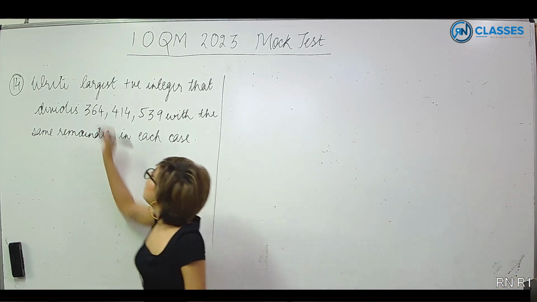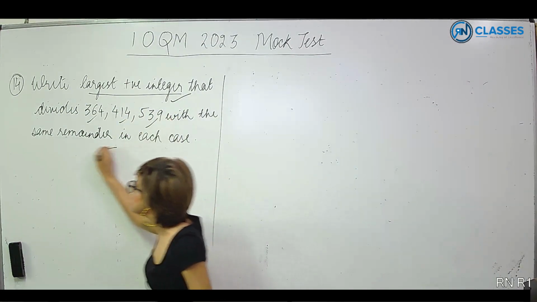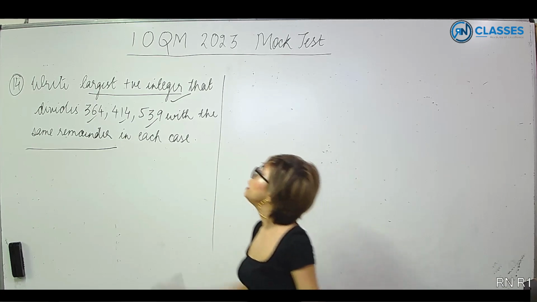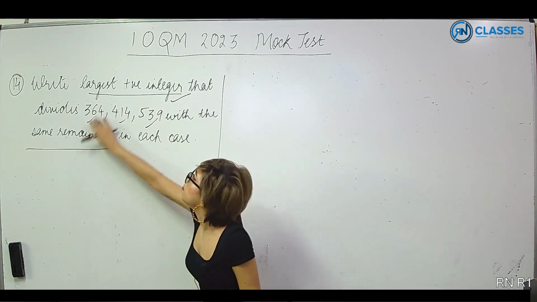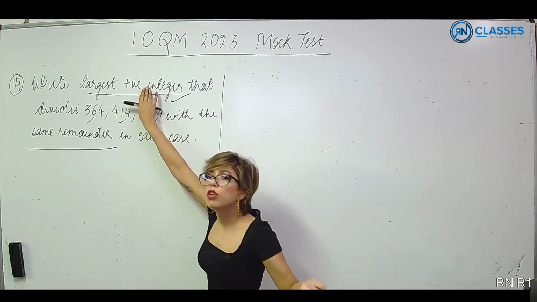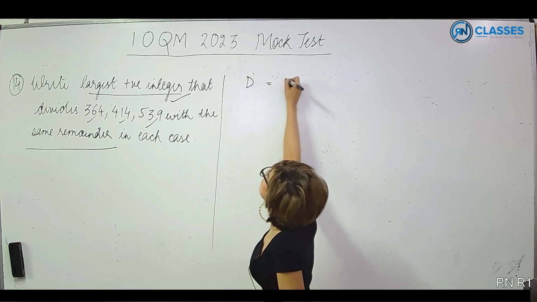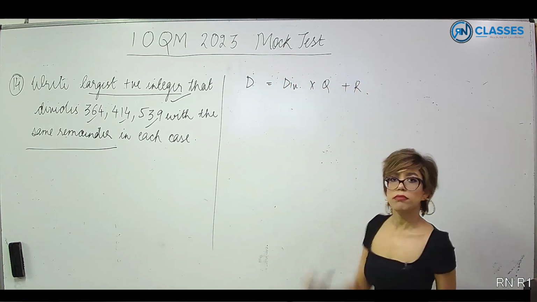Now he says, write the largest positive integer that divides this with the same remainder in each case. Now I want the integer which divides this with the remainder. So that means I'm dividing this number by something and I'm talking about the remainder. Obviously, I'll go for the usual method, that is dividend is equal to divisor into quotient plus remainder. Right?